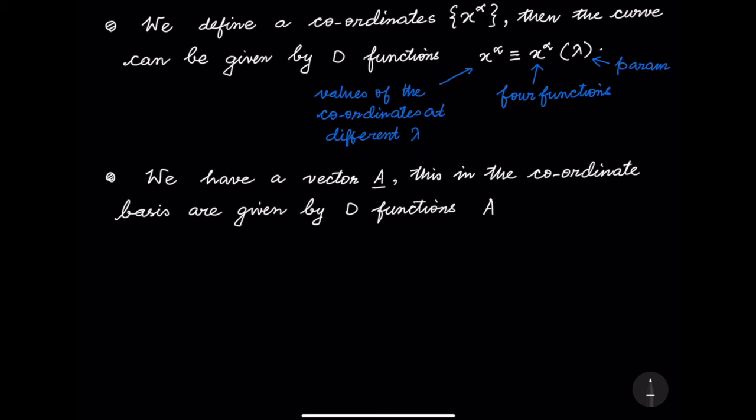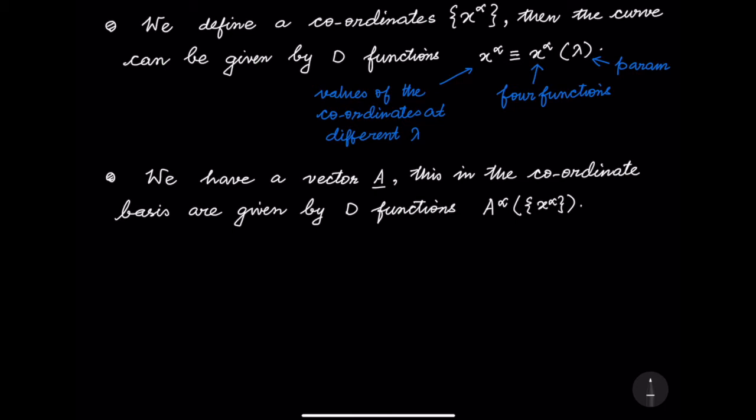So these are, if you wish, A alpha, and these are functions of the coordinates themselves. So now I have a vector which has d components in a given coordinate basis, and I have a curve which is parameterized by lambda.